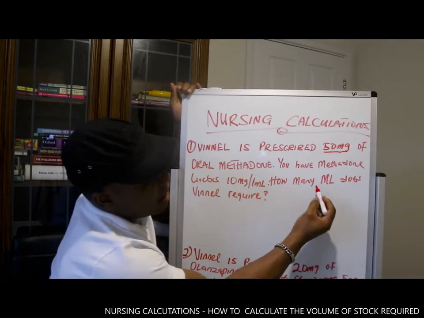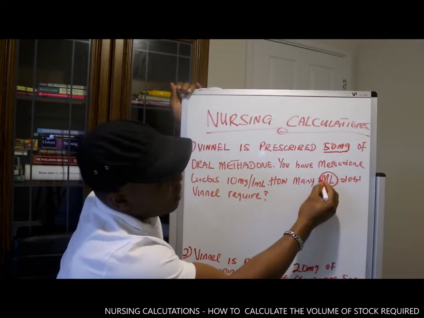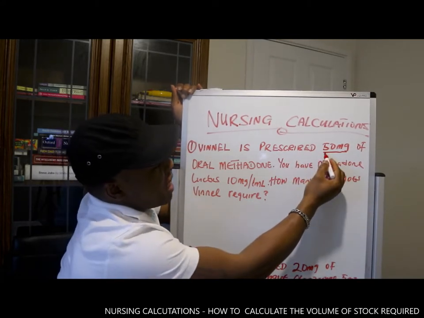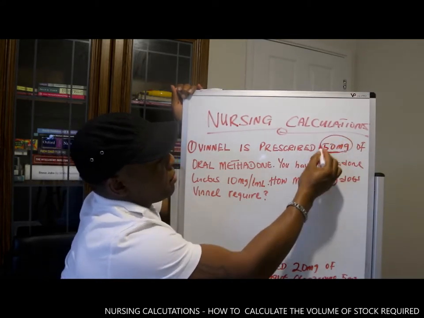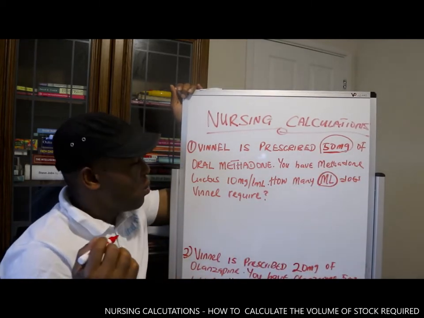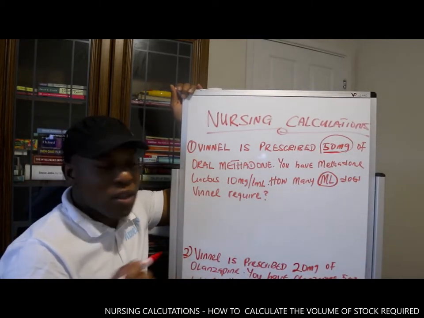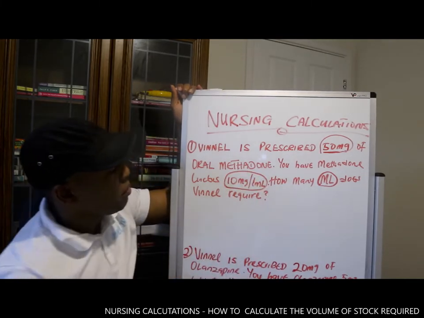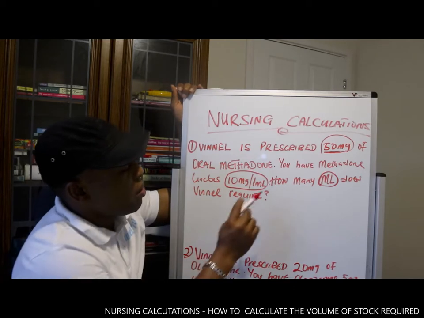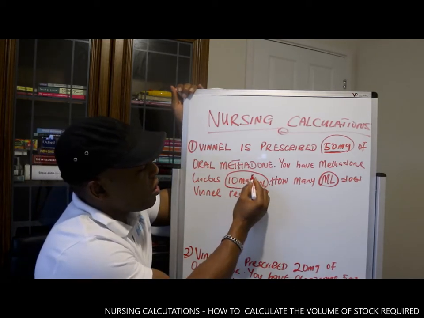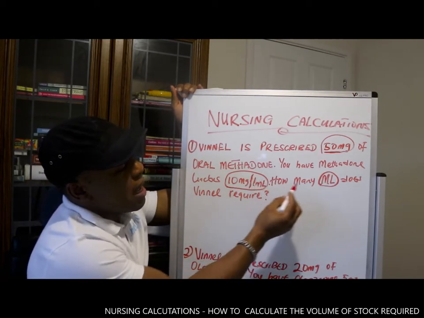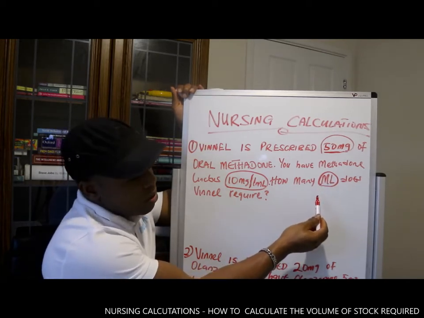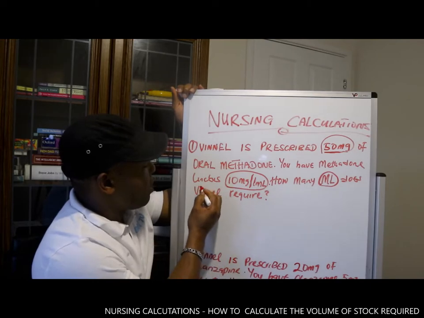So it's asking how many ml does Vinyl require, and what Vinyl is prescribed is 50 milligrams. What we have in stock is 10 milligrams in 1 ml. They are asking how many ml, which is the volume, does Vinyl require.